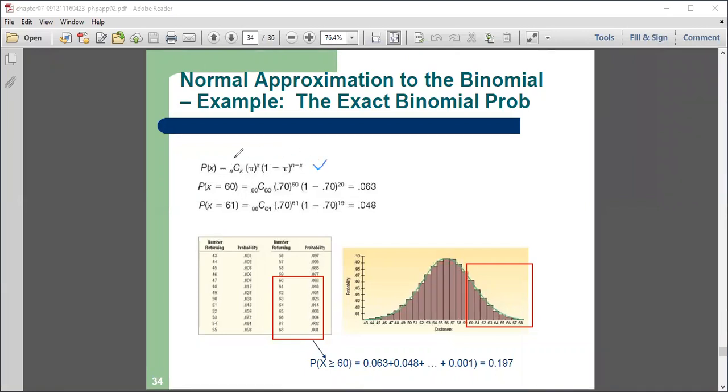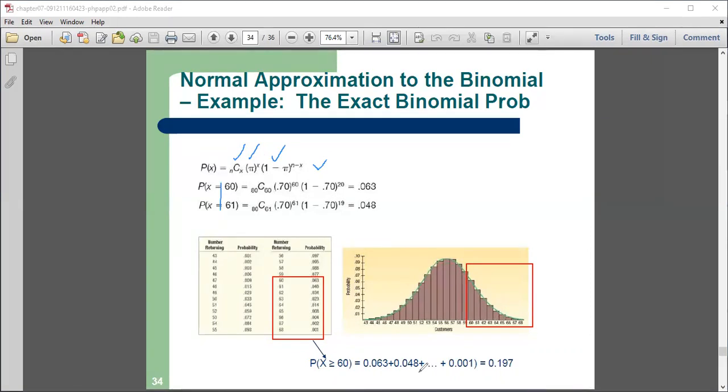So here is the combination formula, then the probability of success, then the probability of failure. We will multiply these three expressions, then we will get the probability, and we will find these values for 60, 61 and so on.